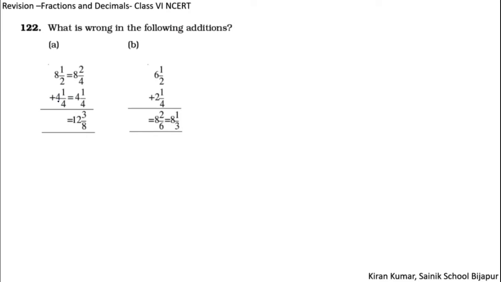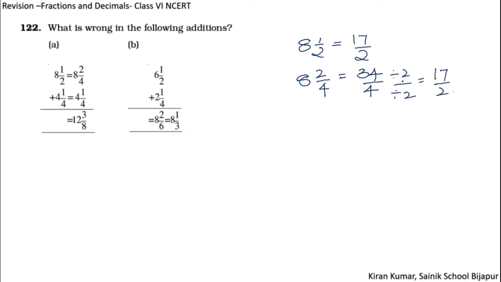Actually, when the denominators are the same, the denominators will not be added up. When we consider 8 1/2, it is 17/2. If you consider 8 2/4, this is 34/4. If you divide both numerator and denominator, we would get 17/2 only.